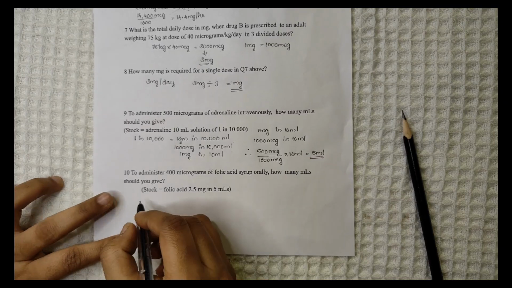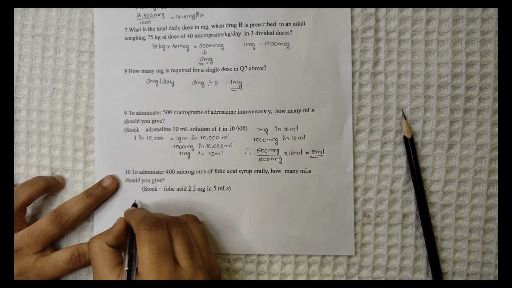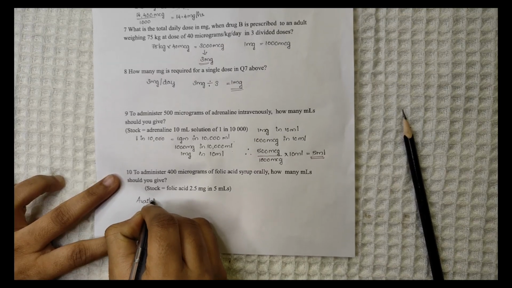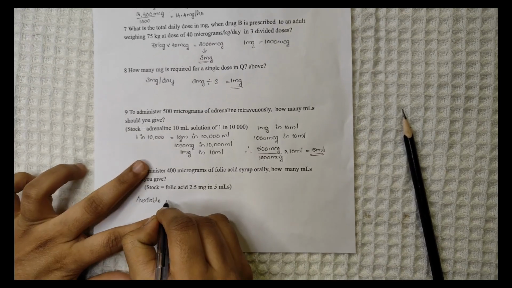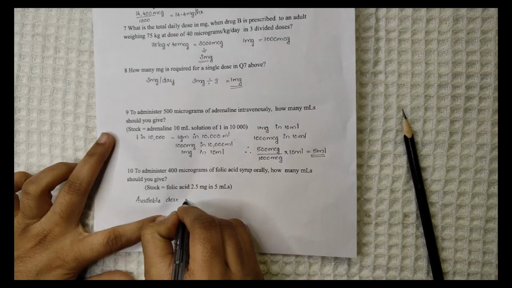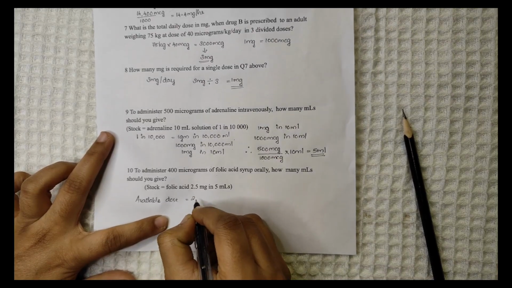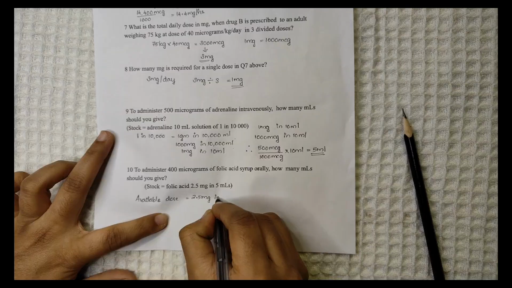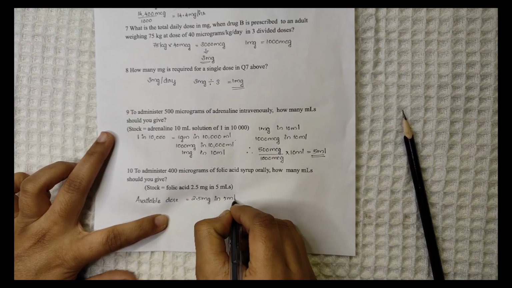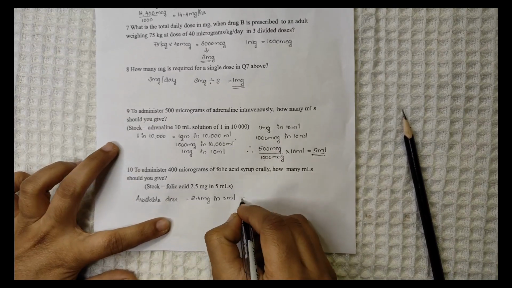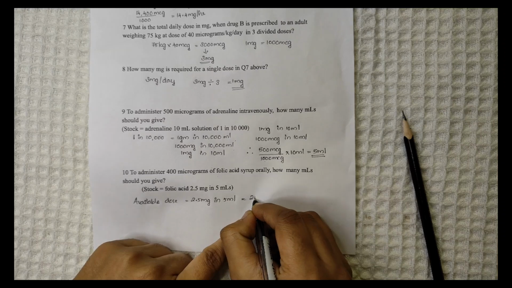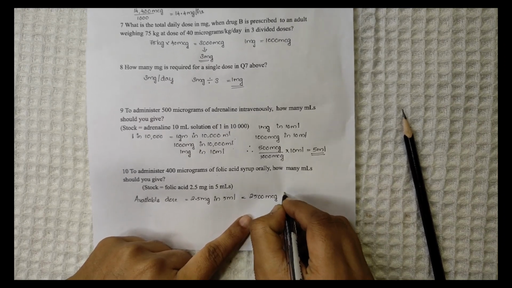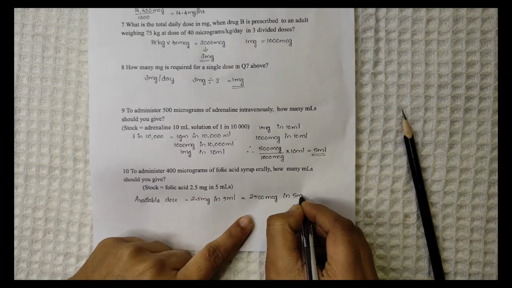So, the available dose is equal to 2.5 mg in 5 ml. So, it's equal to 2500 microgram in 5 ml.